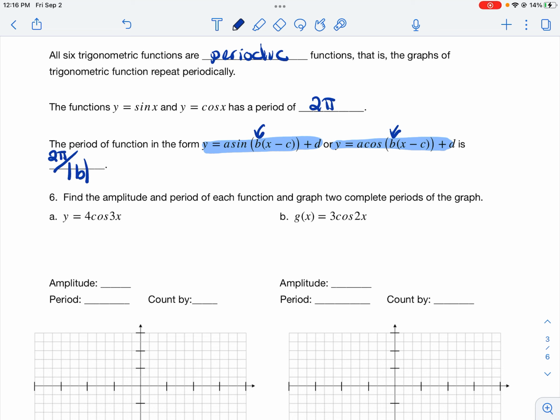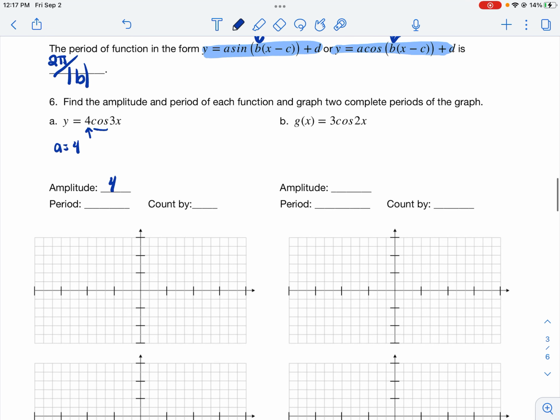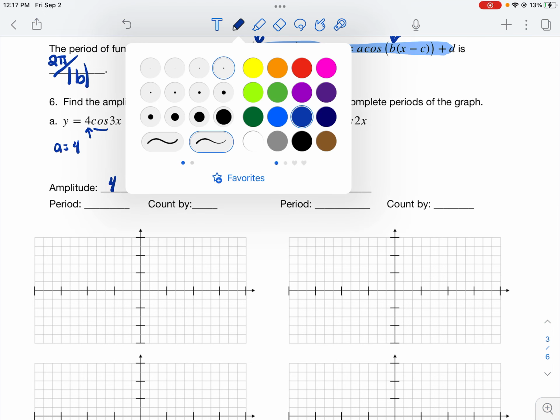All right. So we're going to find the amplitude and the period of each of these functions, and then graph 2 complete periods of the graph. So again, we're going to start with our amplitude. So that's A. Since A is 4, my amplitude is 4. And we are looking at a cosine graph. So I'm going to go ahead and put in my key.